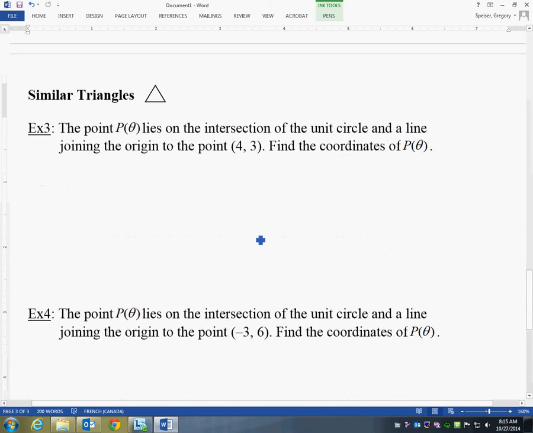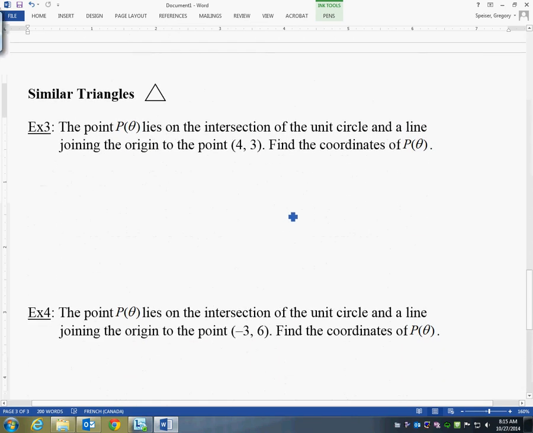Similar triangles. What are similar triangles? I think you took them perhaps even in grade 9. I'm not sure. Similar triangles are a pair of triangles, or even more than a pair of triangles, where they have the same shape. So you're going to have, say, one triangle that looks like this, and then you could have another triangle. I didn't do a very good job. That looks more like pumpkin, jack-o'-lantern eyes or something.